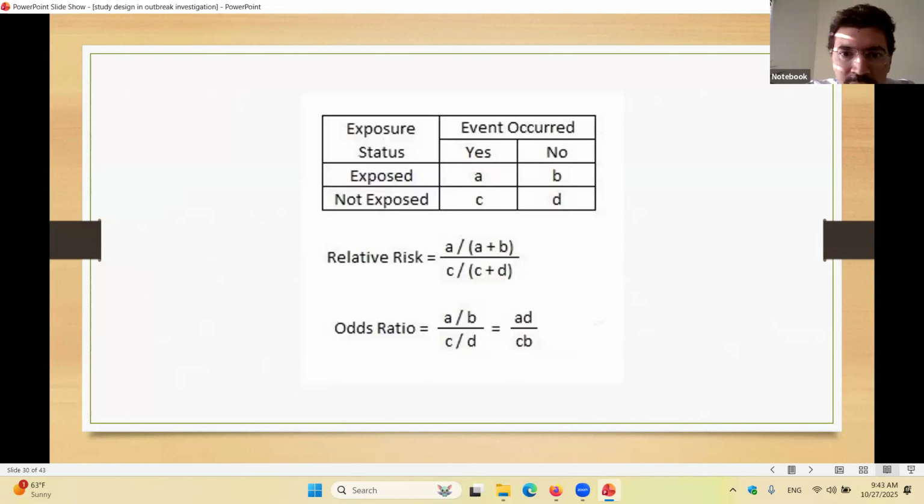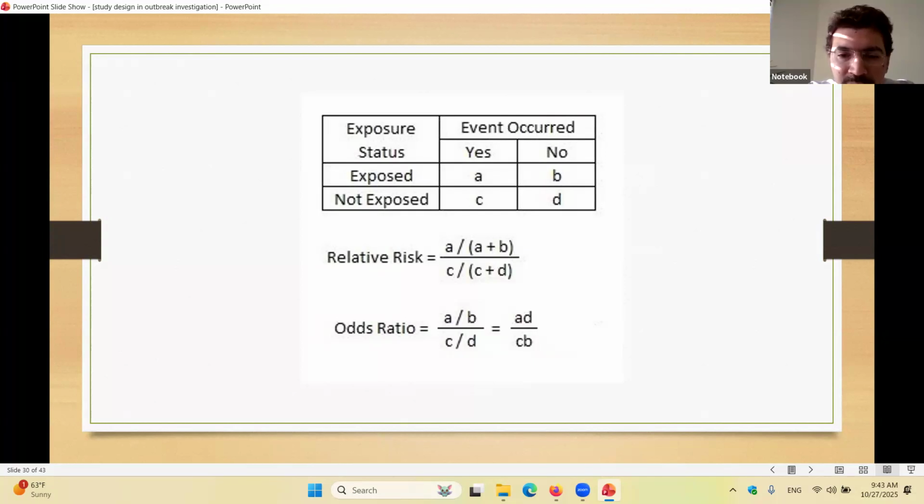You see a 2x2 contingency table, which has columns for whether the event occurred, yes column and no column, and we have 2 rows, exposed and not exposed, and the cells are named A, B, C, D. The relative risk is the risk of an event in the exposed group per the risk of an event in the not exposed group.